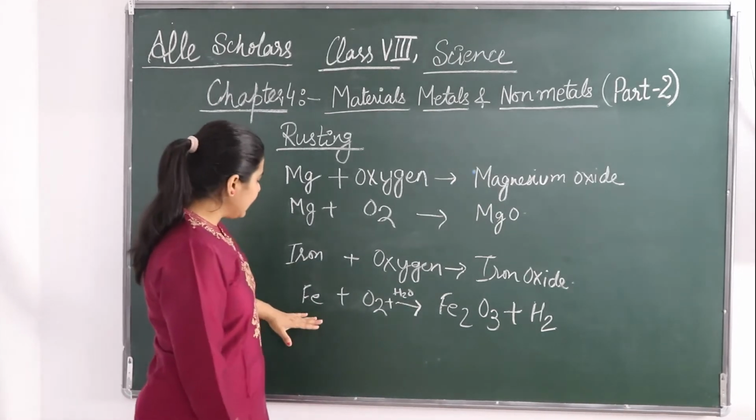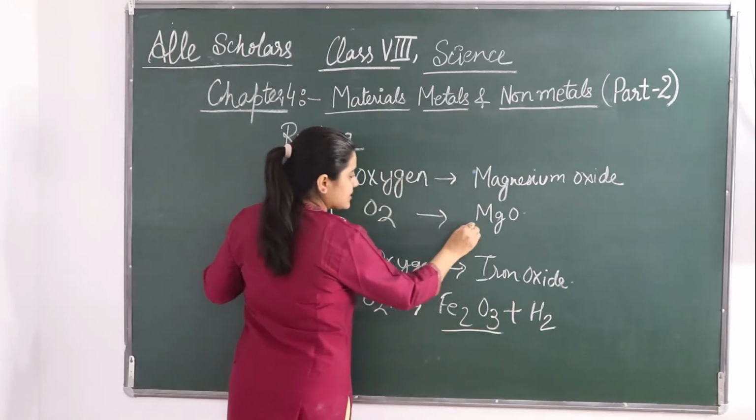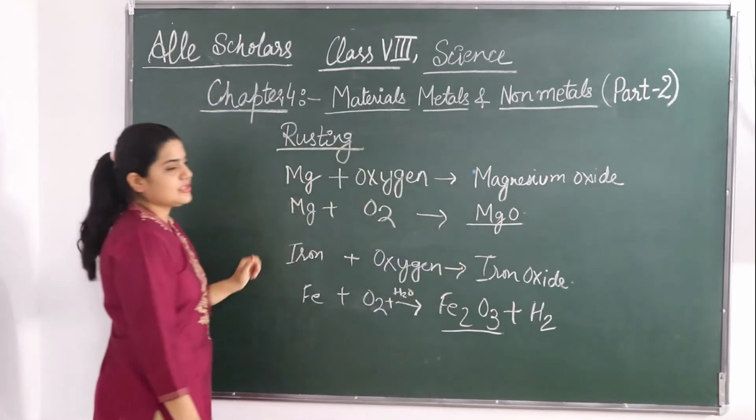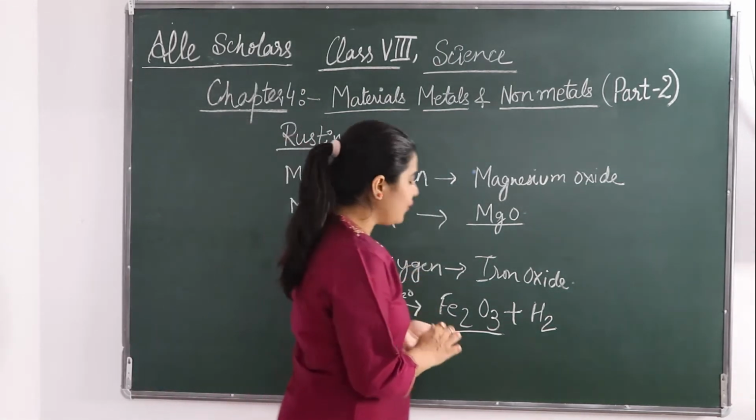So you can see that iron is giving iron oxide, magnesium is giving magnesium oxide. Means in both the cases oxide is formed.